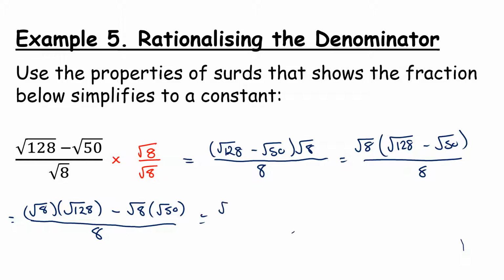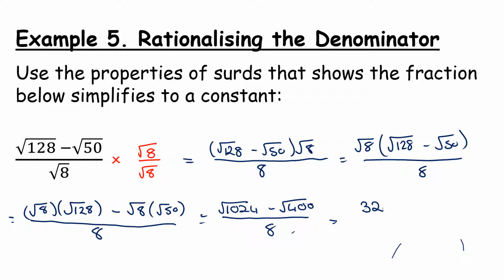So I get the square root of 1024, and I do 8 times 50 minus the square root of 400, all over 8. Using the rules I've already learned to simplify our surds, we can work through this, but what you'll find is 1024 is actually a perfect square, so the square root of that is 32.